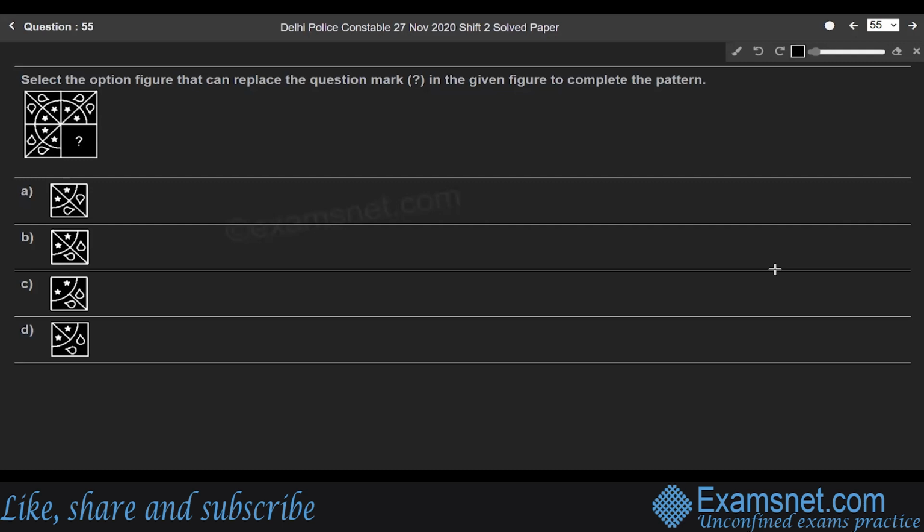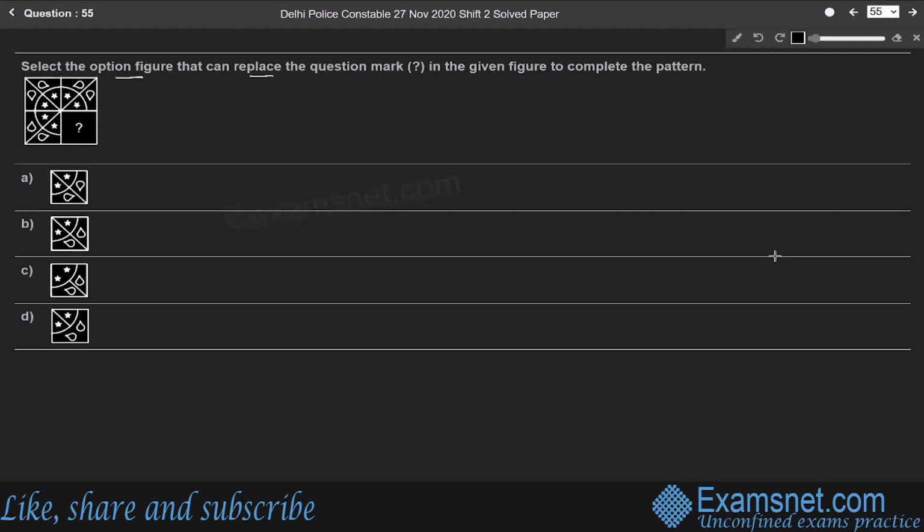Question 55. Select the option figure that can replace the question mark in the given figure to complete the pattern. So the given figure is like this. So here in option B, to complete the pattern, inside this square area, there is a diagonal which separates the two stars and also divides this sector like this.